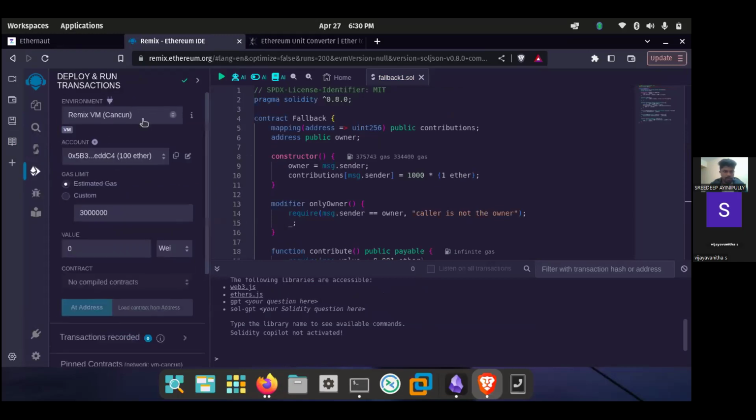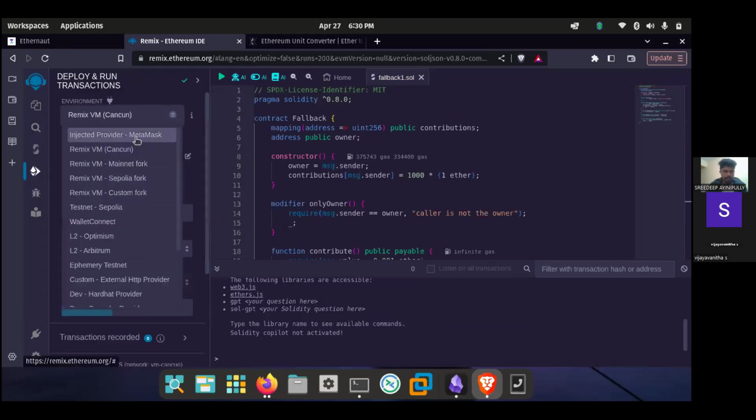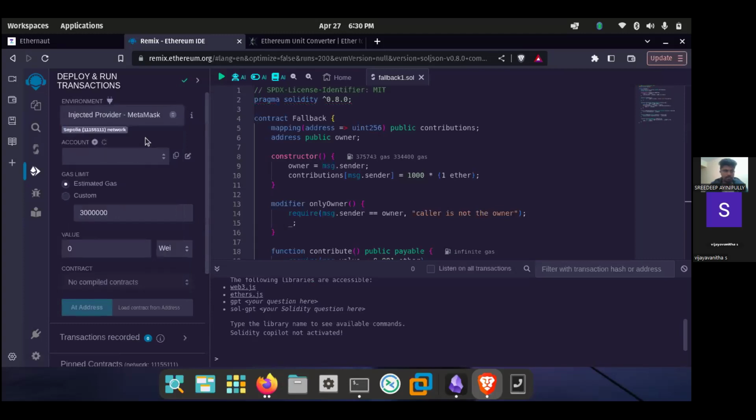When it comes to deploying, this is the environment where we can deploy. Injected MetaMask is the environment which I am using, the blockchain for testing this particular thing, and it is connected to my MetaMask wallet. If I deployed an evil contract to attack this original contract, this contract has some sort of identification hash.